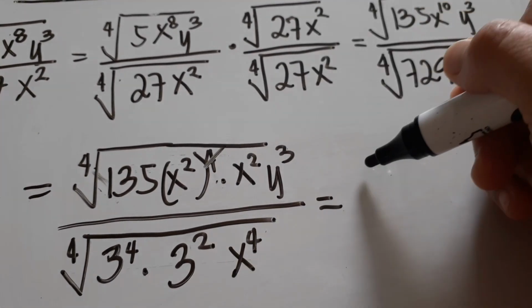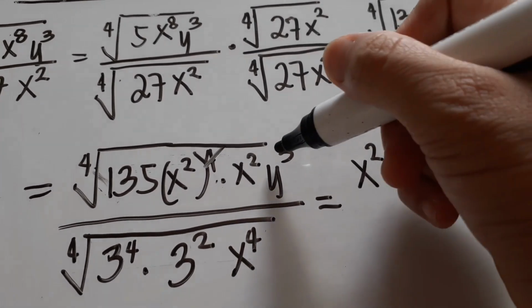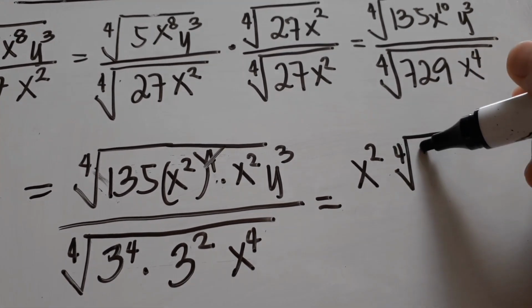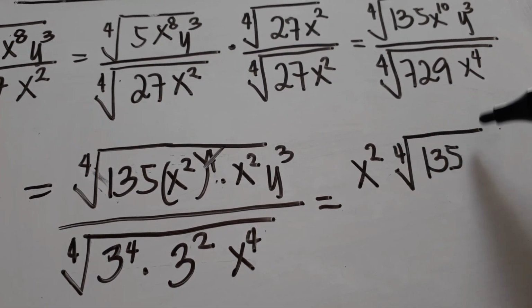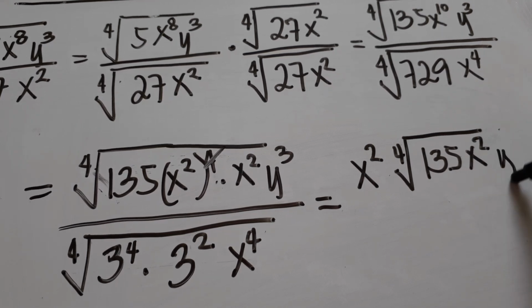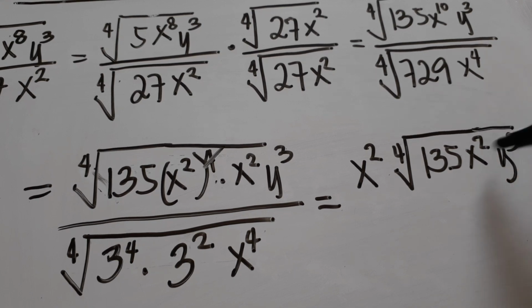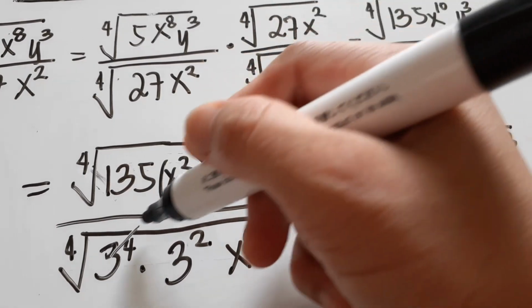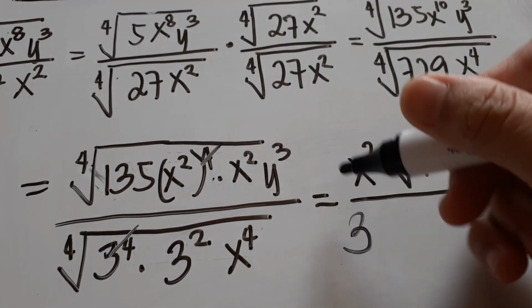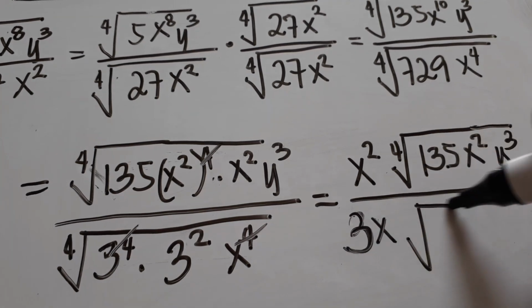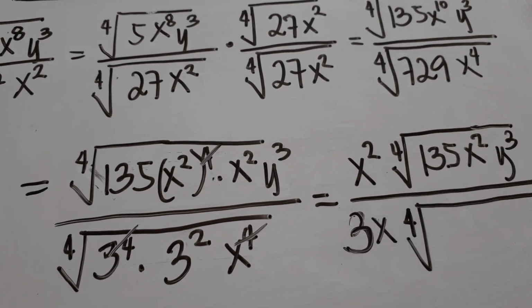Then we roll out under the radical sign x squared, and copy the remaining one, which is the fourth root of 135 x squared y cubed, over, cancelling out the 4, rolling out 3 under the denominator, which is 3 and x, and copy the remaining under the radical sign, which is 3 squared.